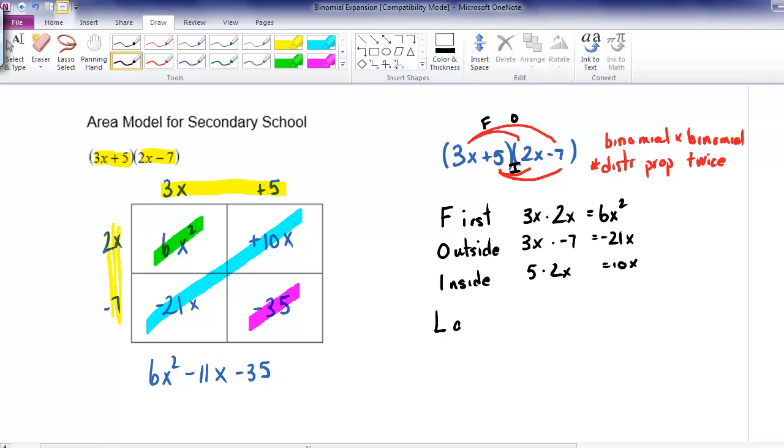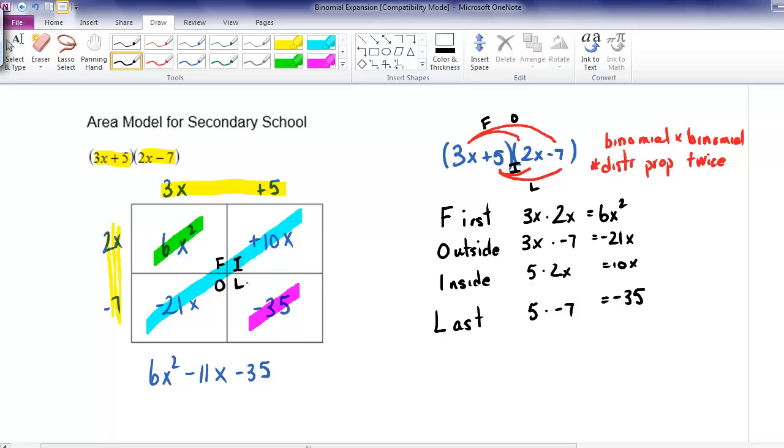And finally, L is the last terms. So 5 times negative 7, which is negative 35. And what I hope you see with this word FOIL, again, it's just a way of organizing, I hope you see that in the diagram to the left. Here is F, here is O, here is I, and here is L.